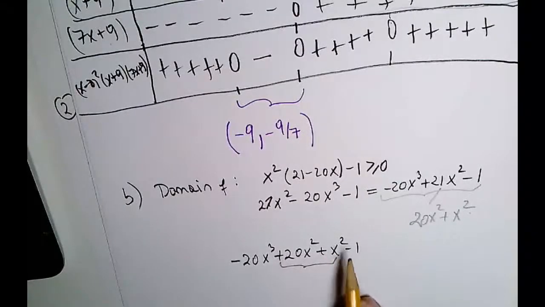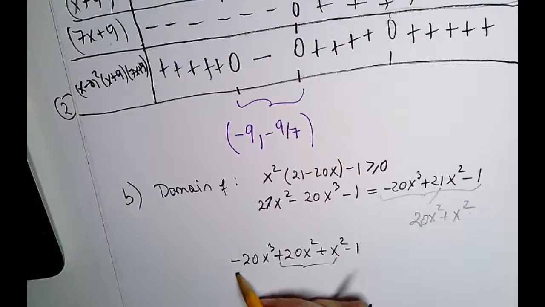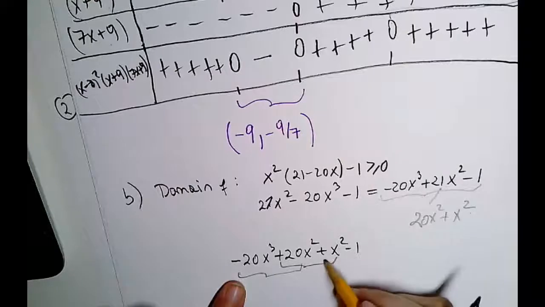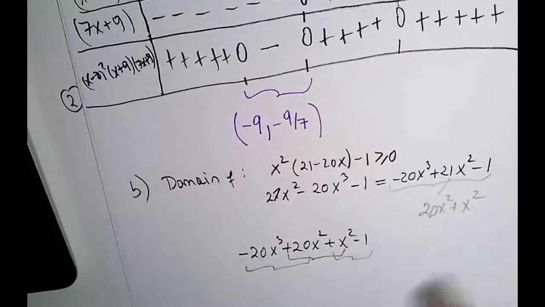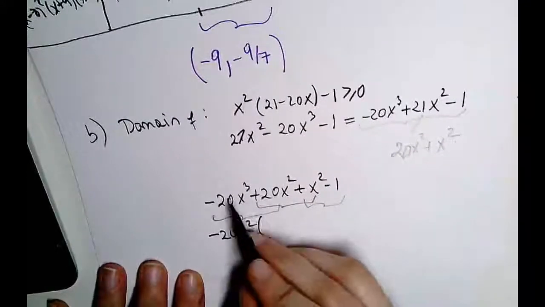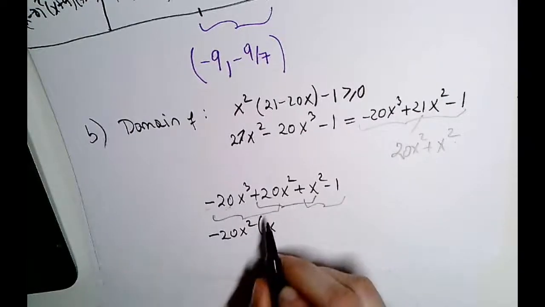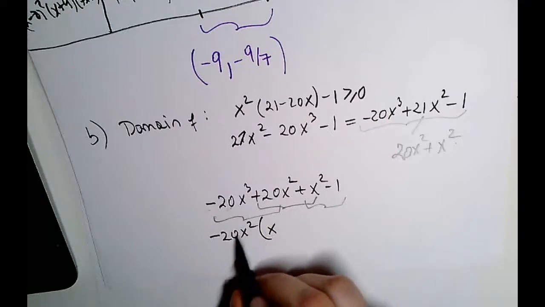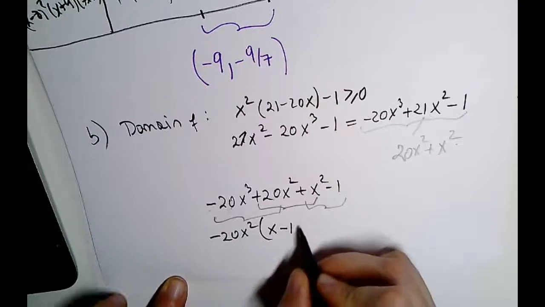If you remember from college algebra, this is factoring by grouping. What can I factor between the first two terms and then between the last two terms? I can factor a negative 20x squared from the first two terms. What do I have left? Just x, because negative 20x squared times x is negative 20x cubed, and then it's just a minus 1.